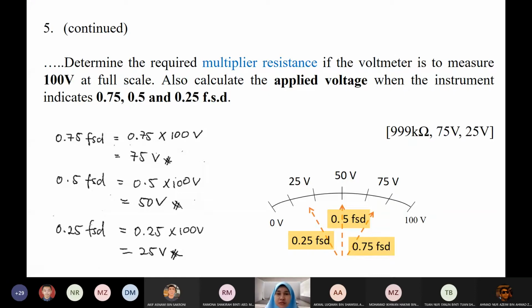Imagine that we want to design a voltmeter and we want to make the full range 100 volts. We have to design RS, the value of RS.